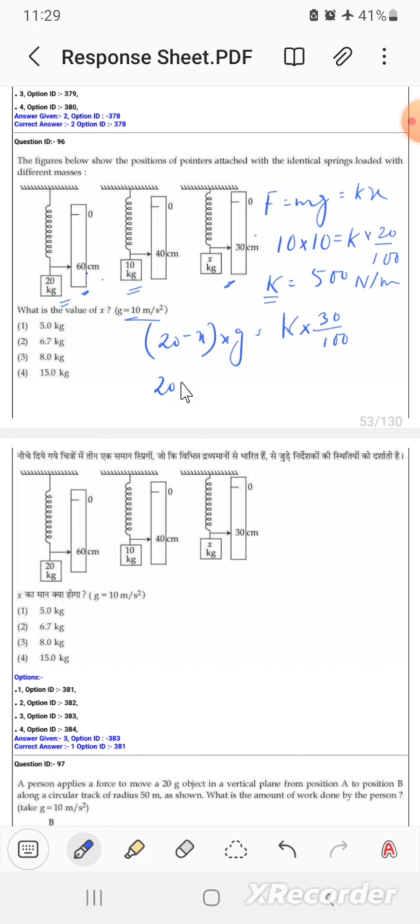So (20 minus x) times g, which is 10, equals k, which we got as 500, into 30 by 100. From here two zeros will be cancelled out, and 10 and 10 will be cancelled out. So finally 20 minus x equals 15, or x equals 5 kg. So our correct option will be option one, x equals 5 kg.